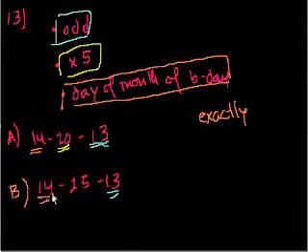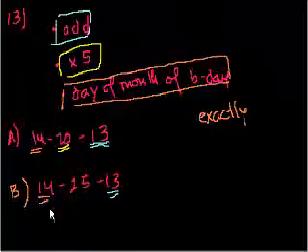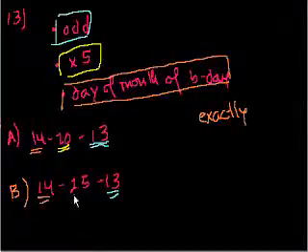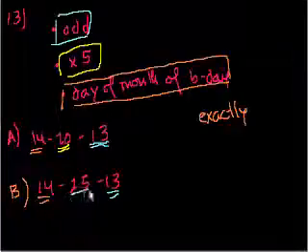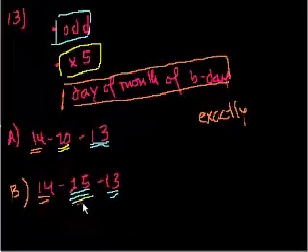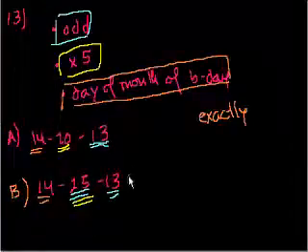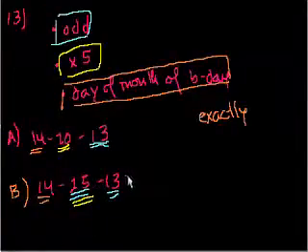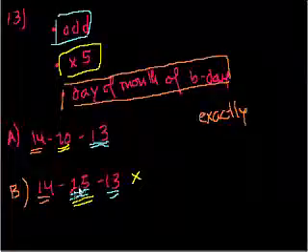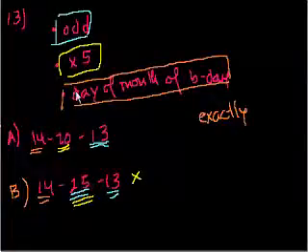So the 14th could be his birthday. Then what does 25 satisfy? 25 satisfies the odd criterion and the multiple of 5 criterion. So choice B does not work, because 25 satisfies two of the criteria.